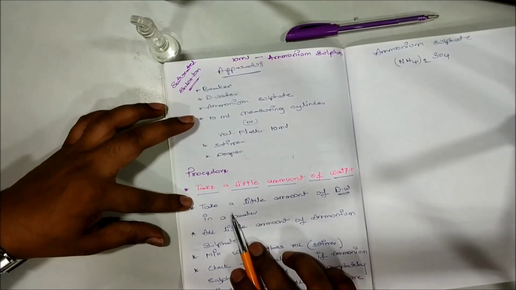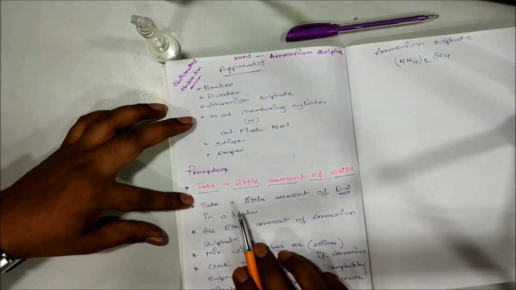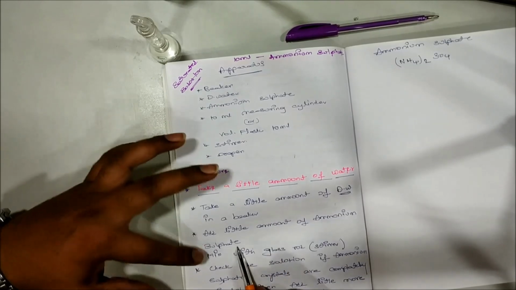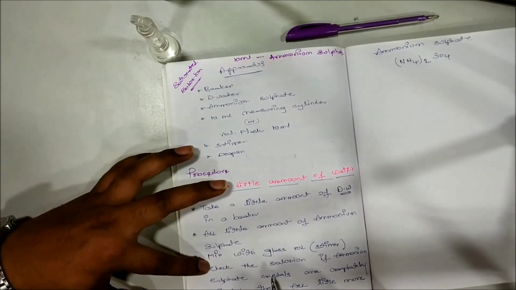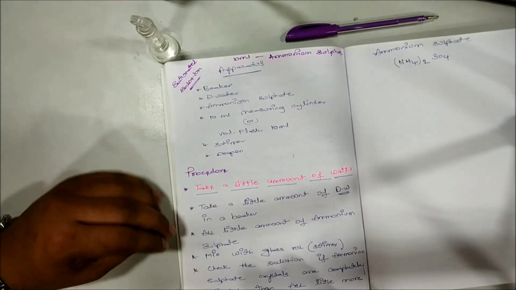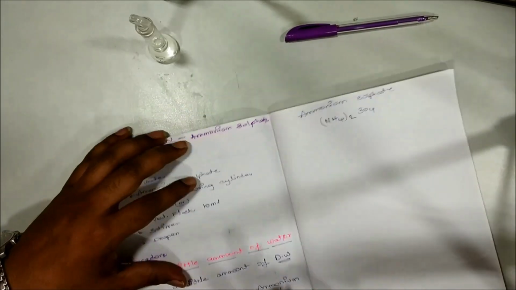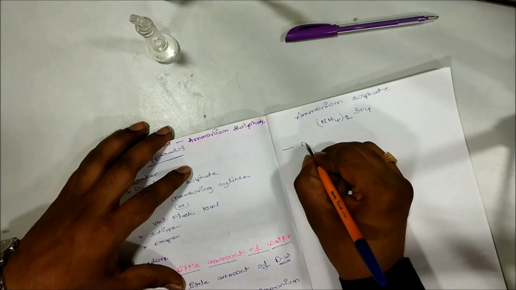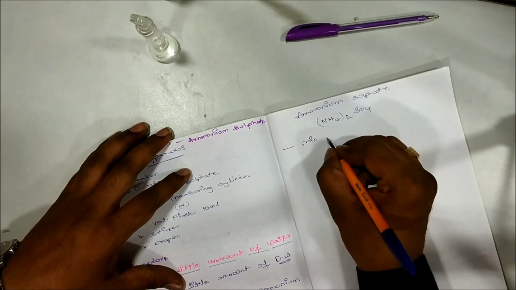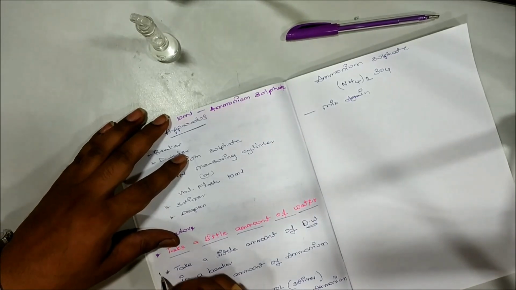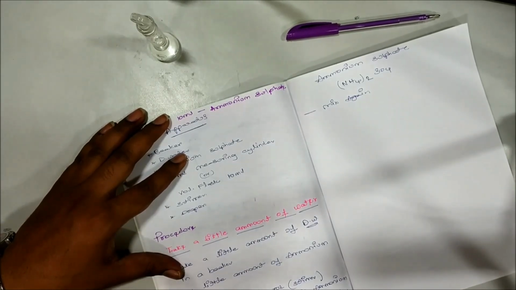So first what we have taken, take a little amount of distilled water in a beaker, and then add a little amount of ammonium sulfate, mix with the glass rod, and check the solution. If the ammonium sulfate crystals are completely dissolved, then add a little more ammonium sulfate and mix again. And this is the step 1, step 2 and step 3.